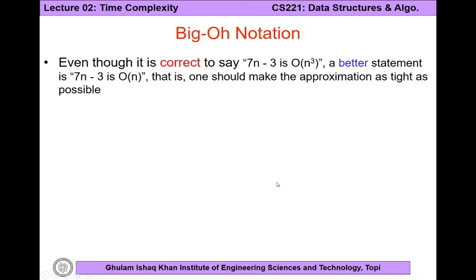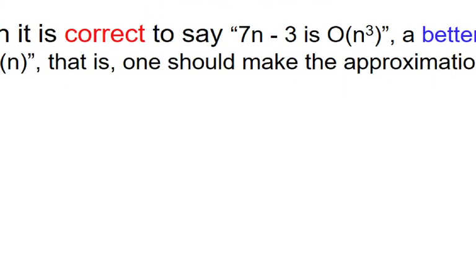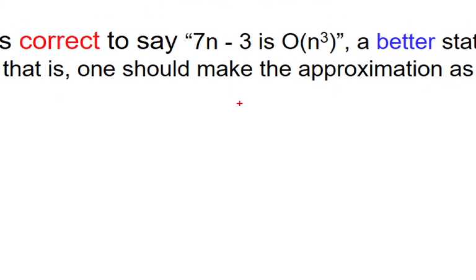Now if we compute a function for a given code and it says 7n minus 3, and we say that this 7n minus 3 is order of n cube, what does it mean?